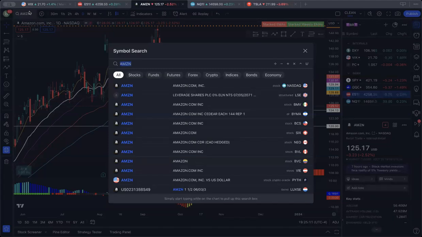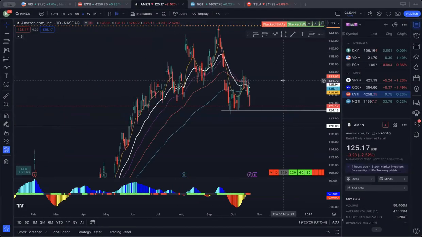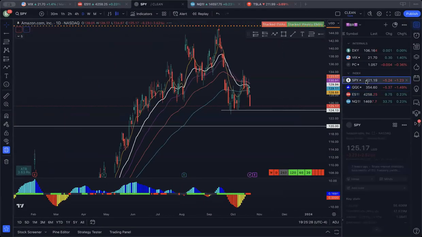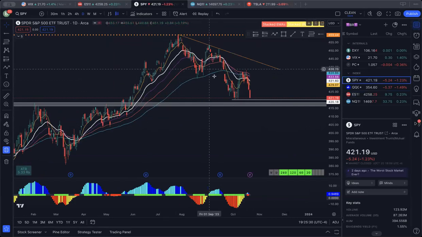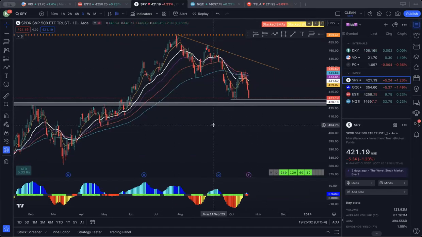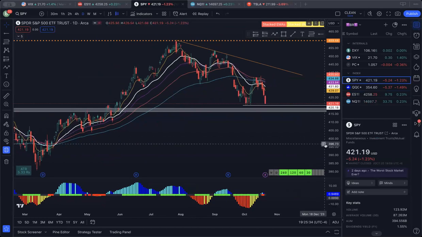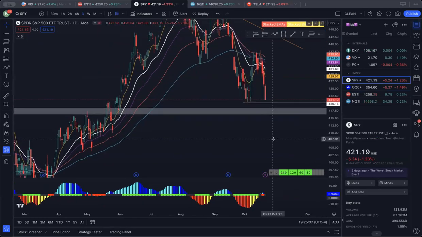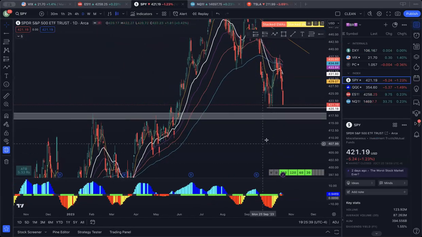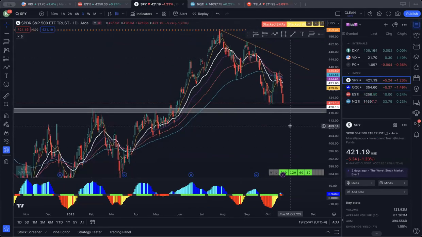When you say 4,200 on ES, would that be 420 for SPY? So 4,250 is 425 for SPY. So honestly, yeah, it may correlate like that. The problem is SPY has dividends and things like that, so it does affect SPY's pricing.